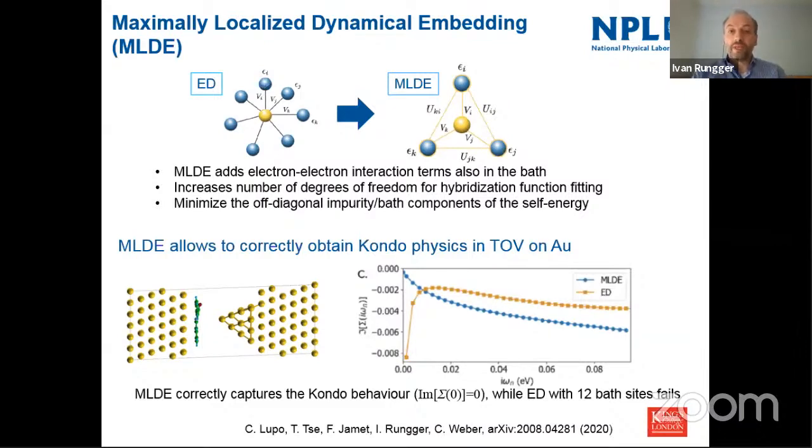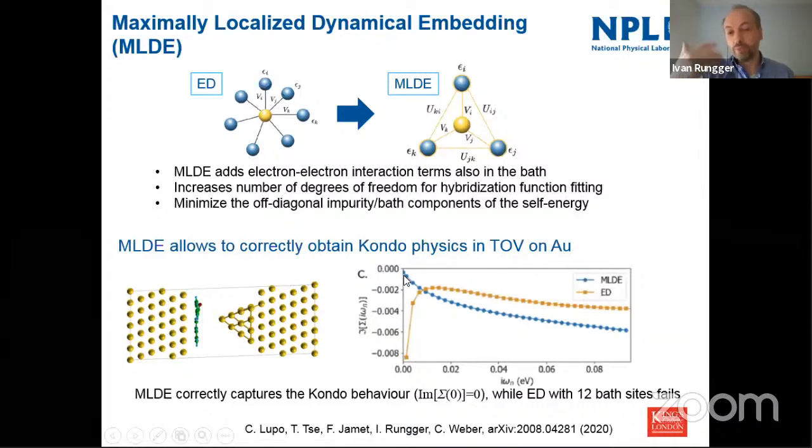And actually, with this system with 3 bath sites that I show on the right-hand side with this MLD, we can very well capture the Kondo physics. I show this in the bottom figure. Now, don't look at the details. The only key feature here is that to capture Kondo physics, the imaginary part of the self-energy has to be 0 at 0. If you look at the exact diagonalization, ED, it goes to, I don't know, some random number, definitely not 0, while MLD clearly goes very nicely to 0 and captures the right physical trend.